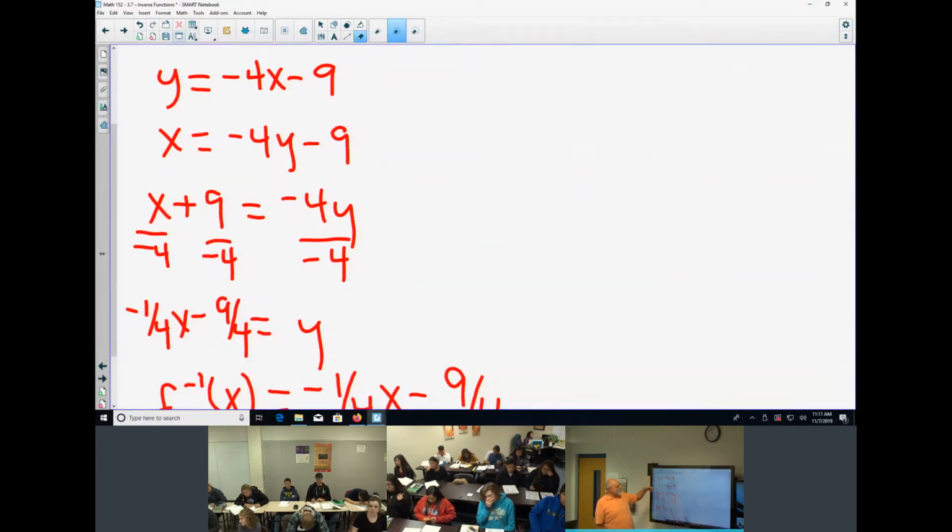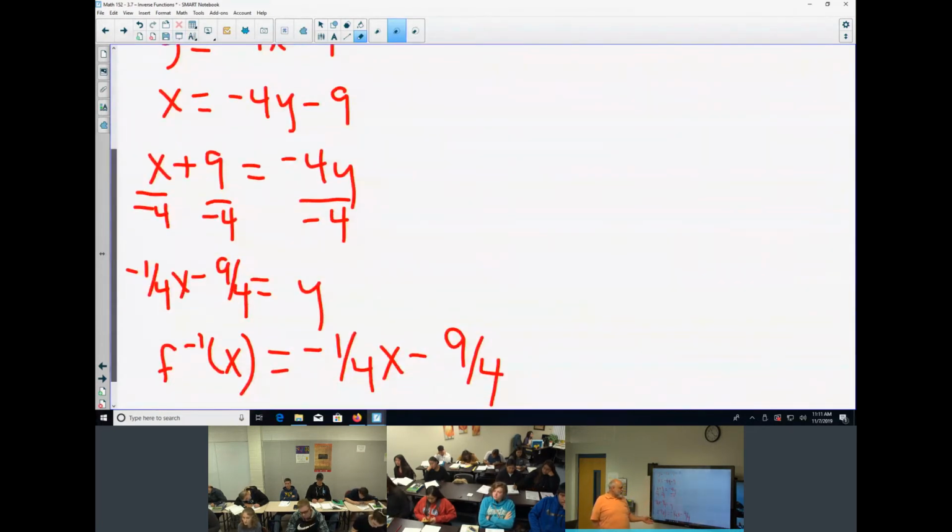And then replace y with f inverse x. So f inverse x equals negative 1/4 x, or negative x over 4, that's the same thing, minus 9/4. All right? Any questions on that?